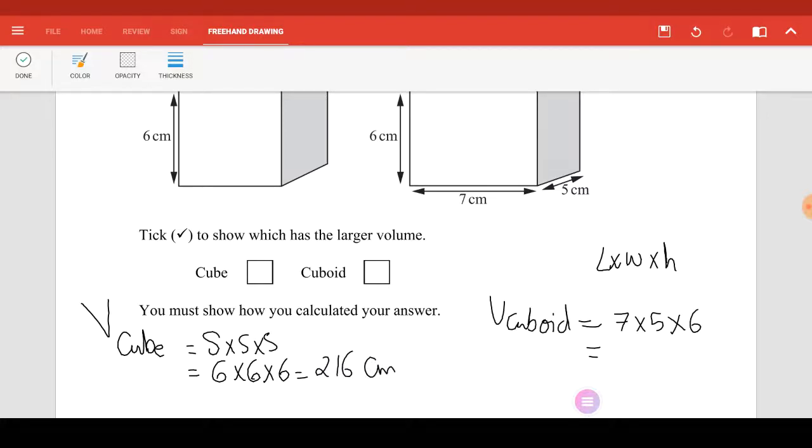You have to give the unit for the volume, which is centimeters cubed. For the volume of the cuboid, you need to multiply 7 multiply 5 multiply 6. The answer is 210 centimeters cubed. So as you see, the cube has the larger volume.